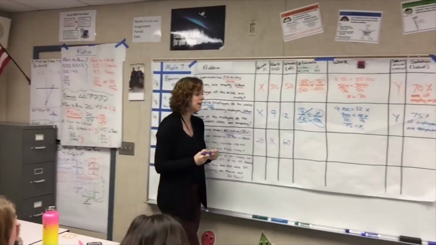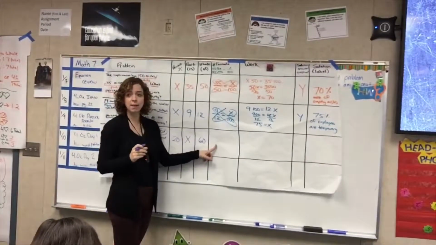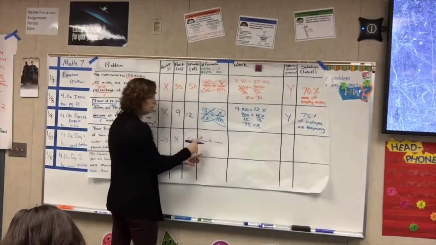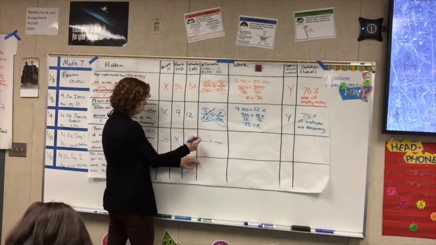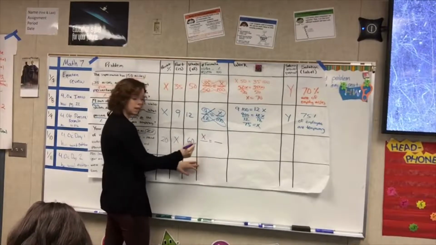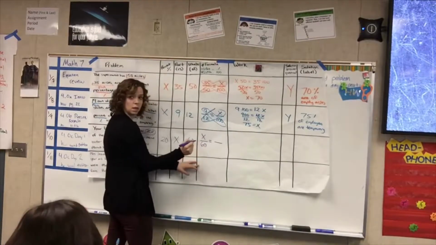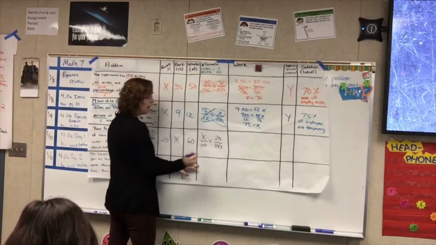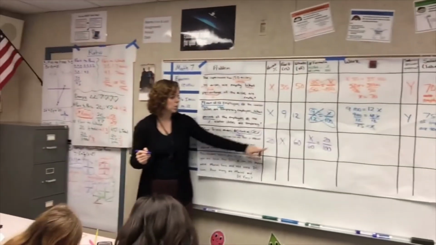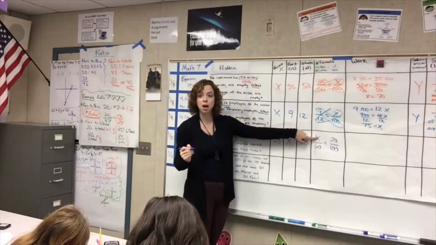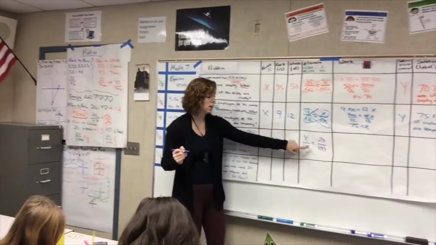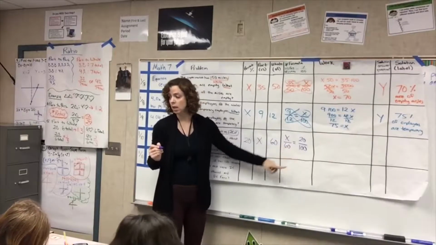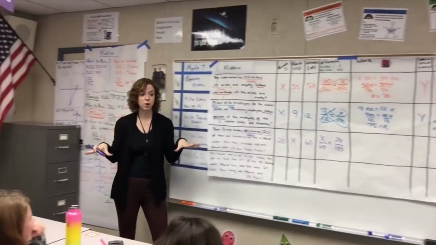Okay, would someone like to help me set up my fractions? Yes, in the back. What's going to go on top? X over 60. 20 over 100. Nice. So we're setting it up. Remember, it goes part over whole equals percent over 100, right? Now, are you writing this in your notes? Yes.